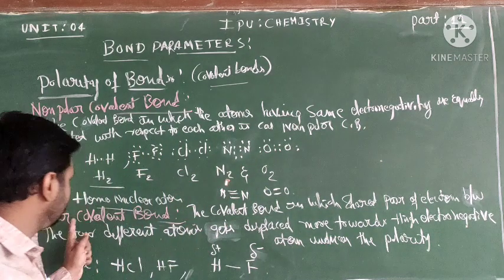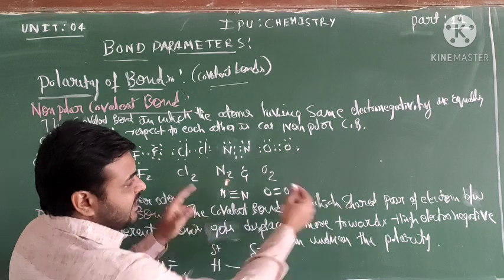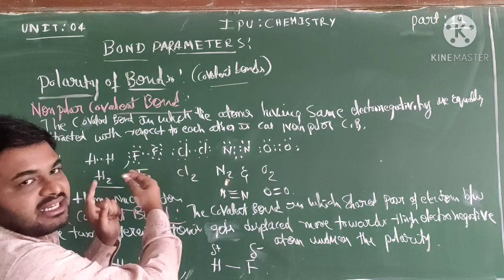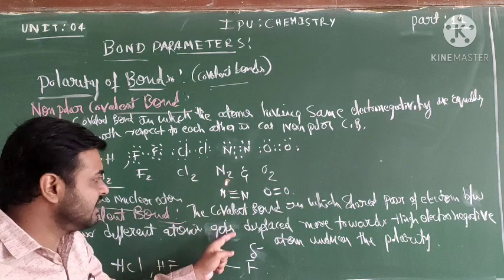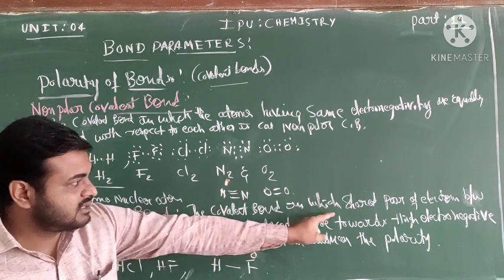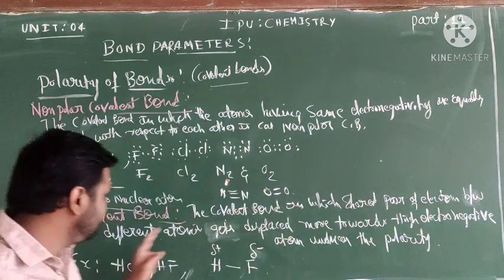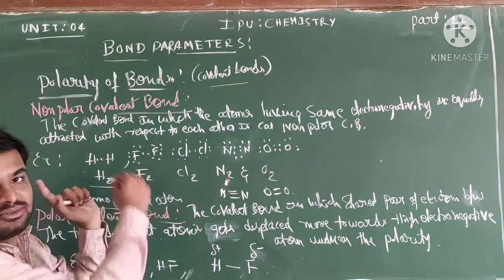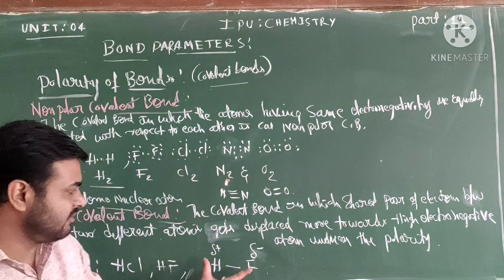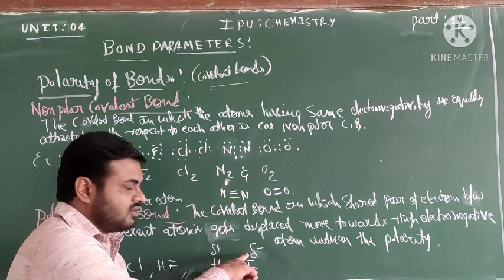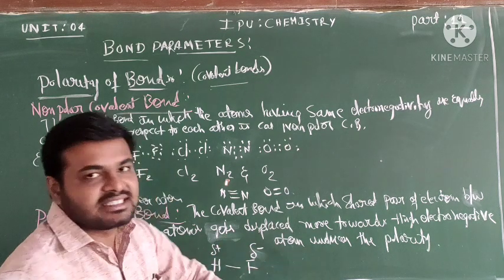This is called a polar covalent bond. In the non-polar case, the electron pair is shared between the same atoms with the same electronegativity. But in the case of an electron pair between two different atoms, it gets displaced more towards the electronegative atom. This is called polarity formed.